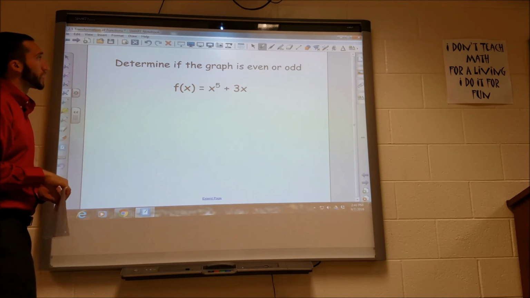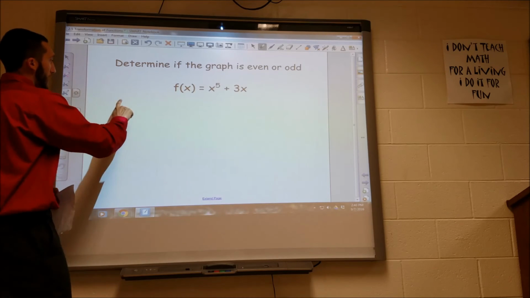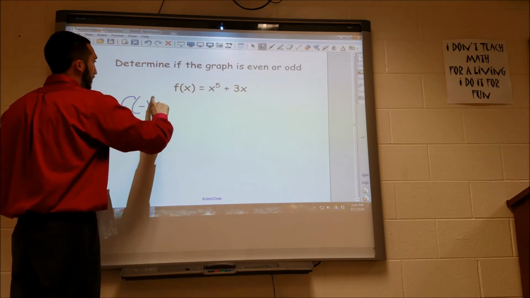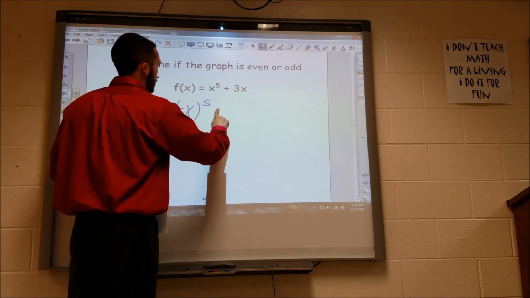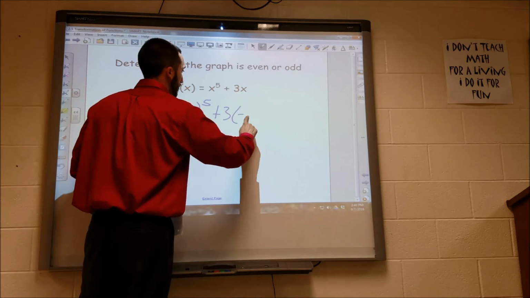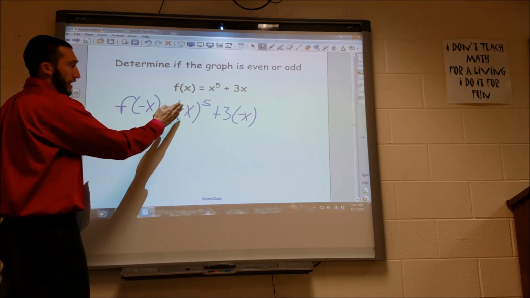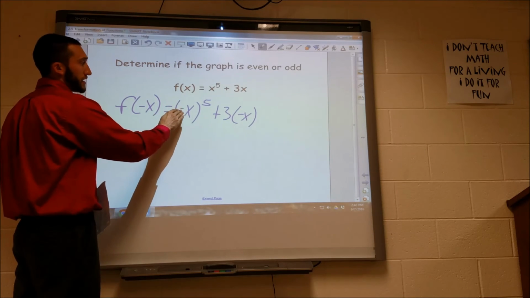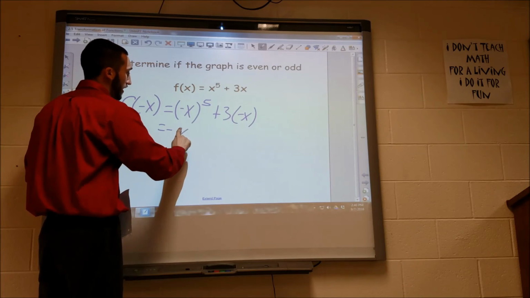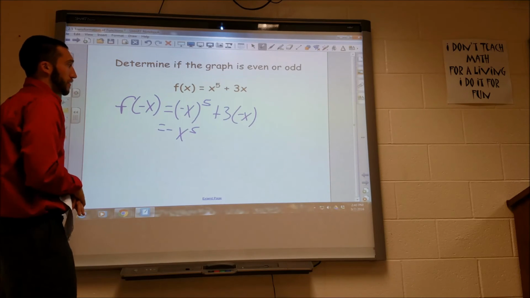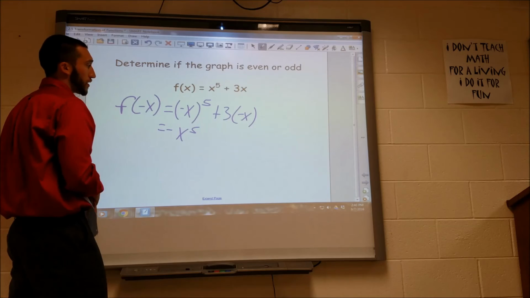And now let's do one more example. Again, plug in negative x wherever I see an x. Like I said before, negative x to an odd exponent, that's going to be the same as negative x to the fifth. So that's going to change that sign from the original.